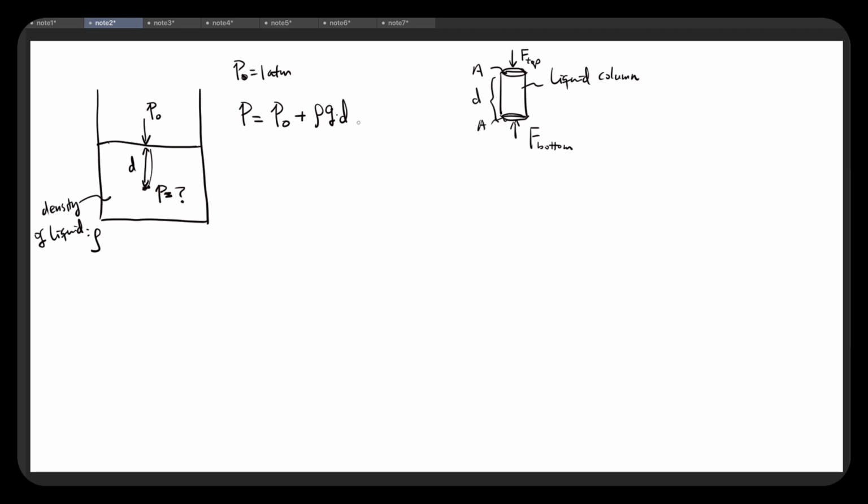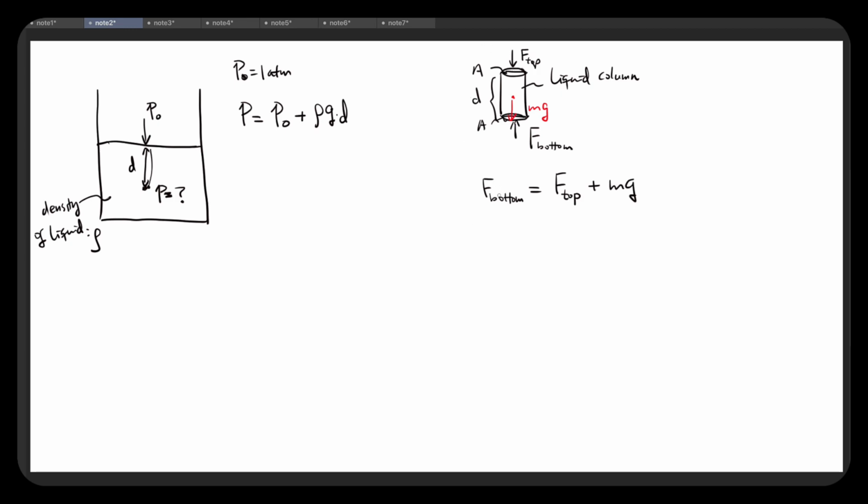Okay, so now if I think about the free body diagram for this liquid column, it experiences force from the top, from the bottom, and also gravity. Let's call it mg. And these three forces must balance each other, meaning the downward force is balanced by the upward force. So F bottom equals F top plus gravity acting on the liquid.